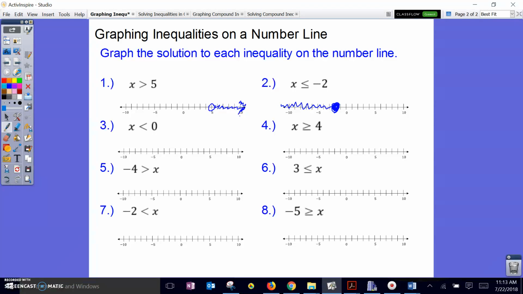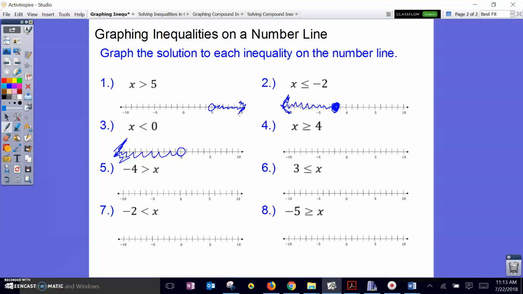And so we're going to shade this portion of the number line over here. There's the graph of x is less than or equal to -2. Next, x is less than 0. No equals portion means an open circle. We're looking for values where x is smaller, less than 0, so we're going to shade over to the left.